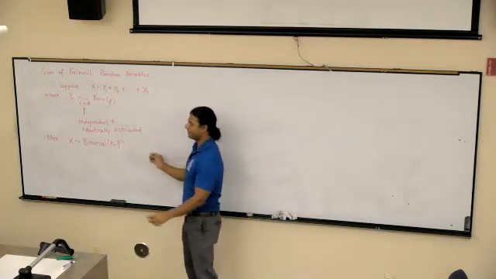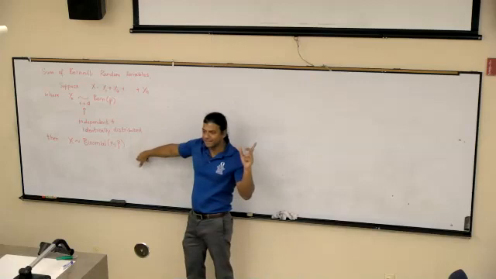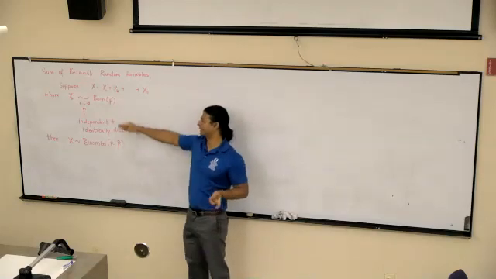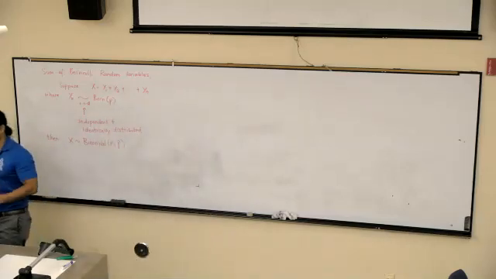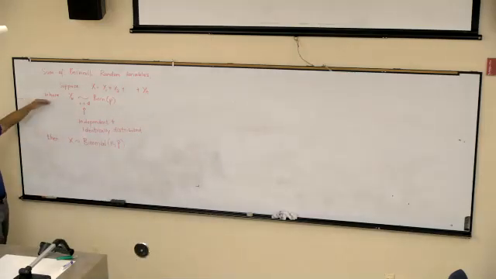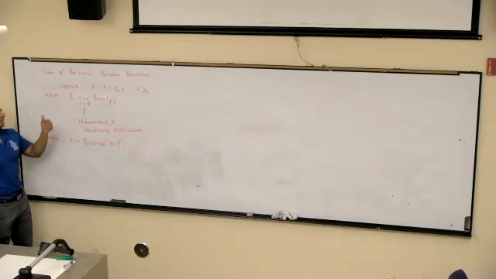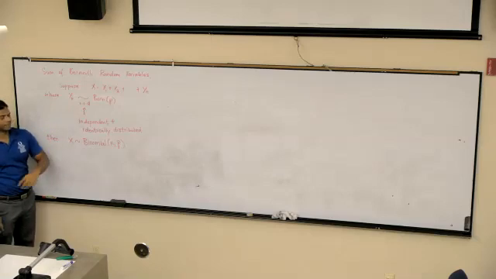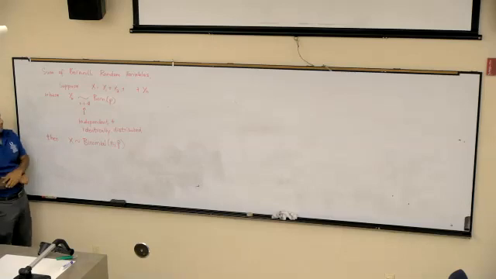I've waited a long time to write this, because I couldn't write this earlier when I did Bernoulli and binomial, because I didn't mention anything about independence of random variables. Now that we have addressed independence, if Y1, Y2, all the way up to Yn are independent, identically distributed Bernoulli variables, then X, which is the sum of all, will be binomial.